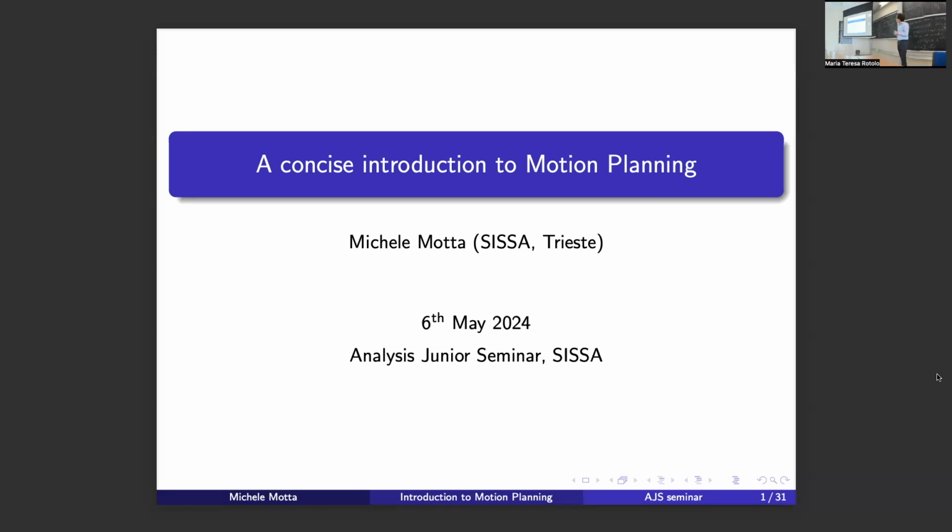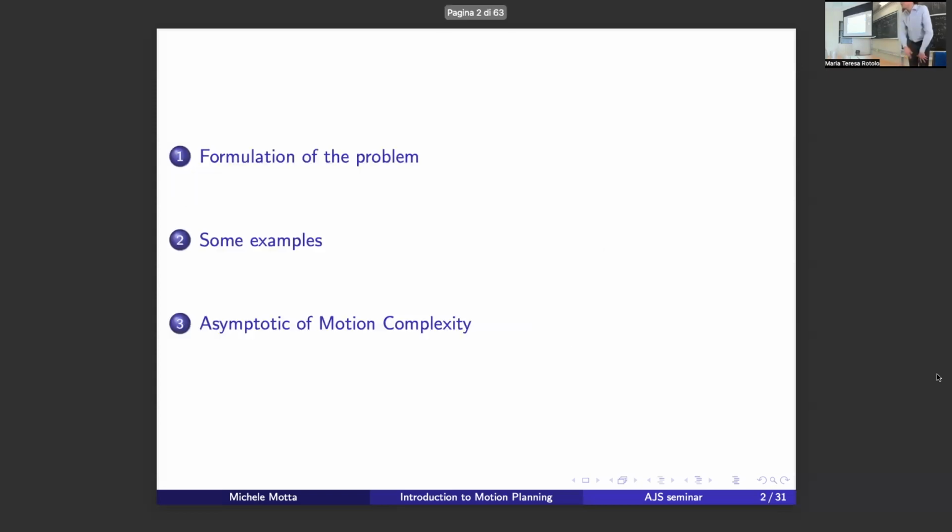So my talk today will be about motion planning. The plan of the talk will be the following. First, I will describe what motion planning is in general and how it can be formalized with some mathematical tools.